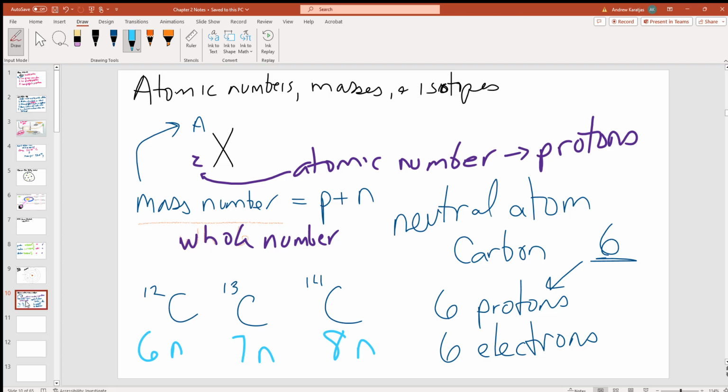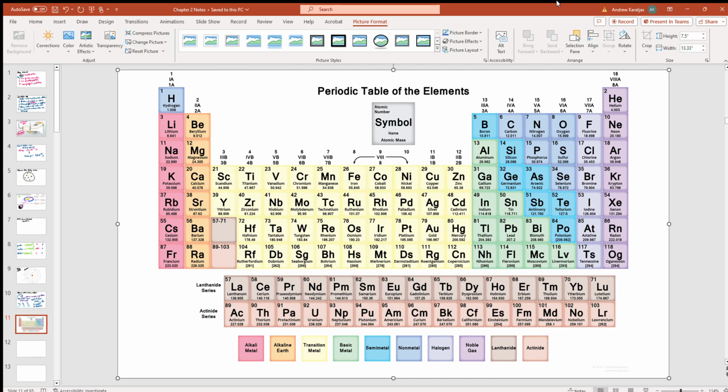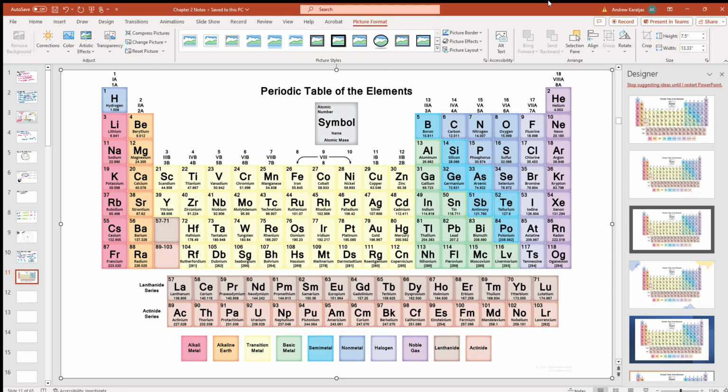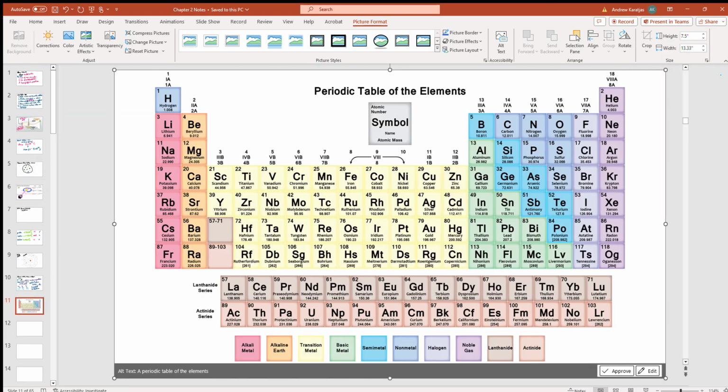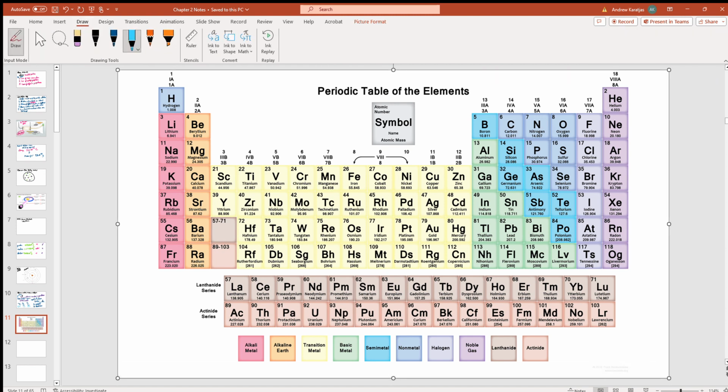All right, so let's start by bringing up our periodic table. And we're going to come back to this quite a number of times, especially in the next few minutes. The way this periodic table is set up, we have the element in the middle, the atomic number at the top left, and then we have a mass number.